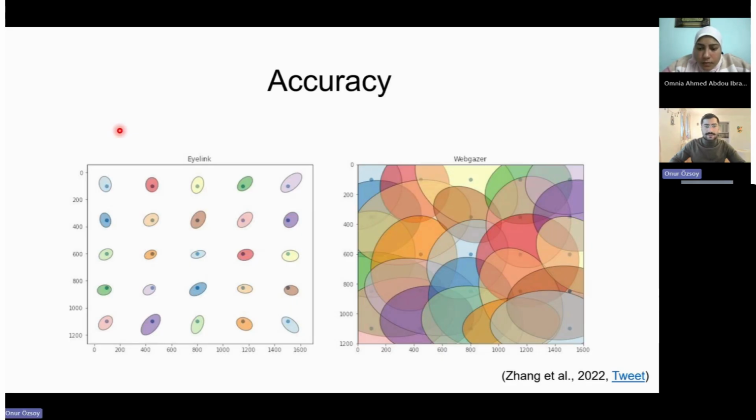And what you see is that with EyeLink, it's pretty accurate. It's a few millimeters away from the dot maximum, but generally the eye tracker knows pretty well that people have looked at the dot. With WebGazer, the shading also surrounds the dot, but it's much wider.